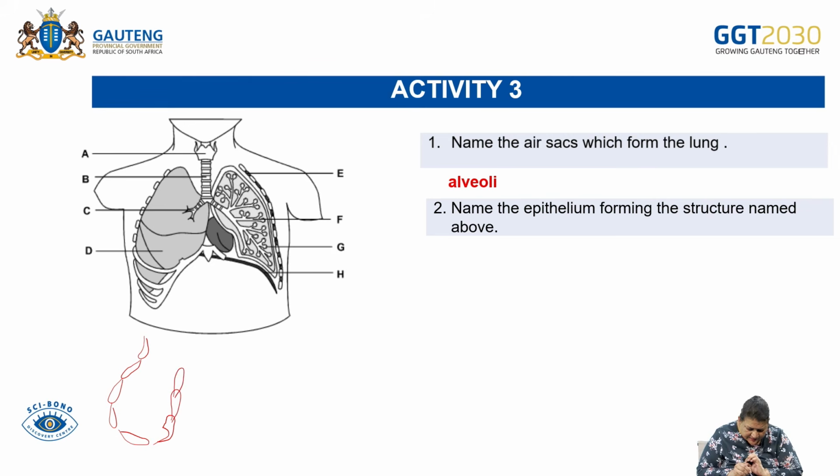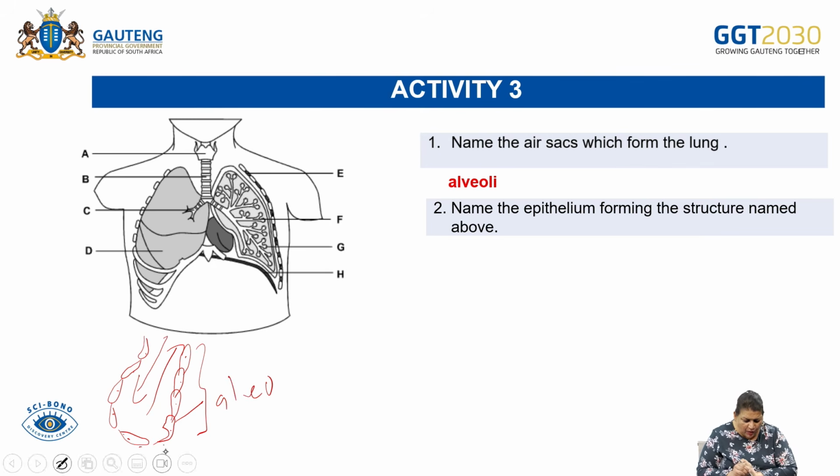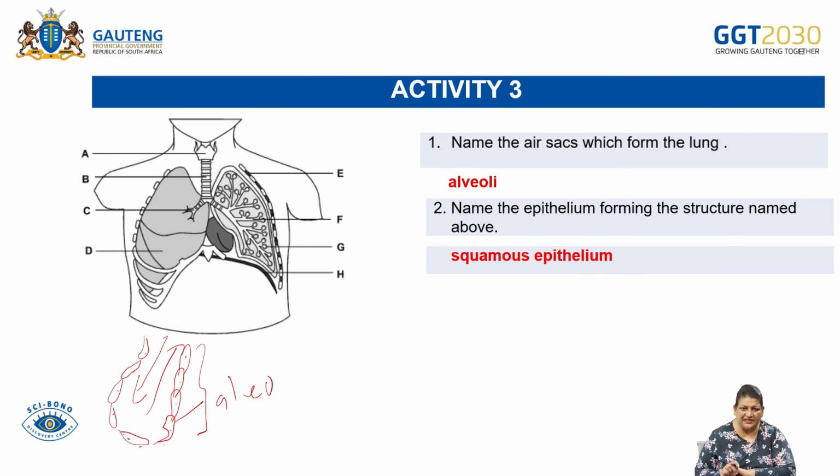This is your thin single layer of squamous epithelium where oxygen is entering and CO2 is leaving. That's the alveolus, that whole structure. But the walls are made up of what? Squamous epithelium, very, very thin. So thin that oxygen can diffuse very, very rapidly through it.